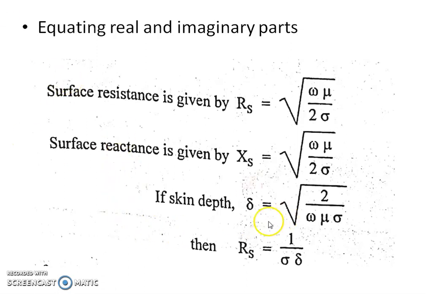Then if the skin depth delta is equal to root of 2 divided by omega mu sigma, then the value of Rs becomes Rs is equal to 1 by sigma delta. That is, the surface resistance of a flat conductor at any frequency is equal to the DC resistance of the conductor with the thickness delta.